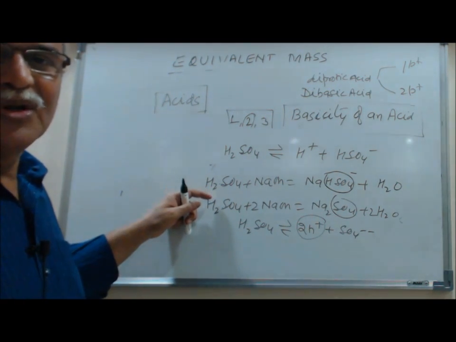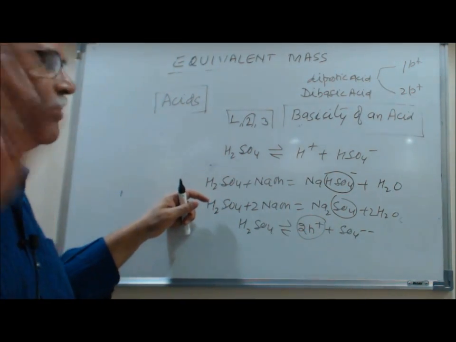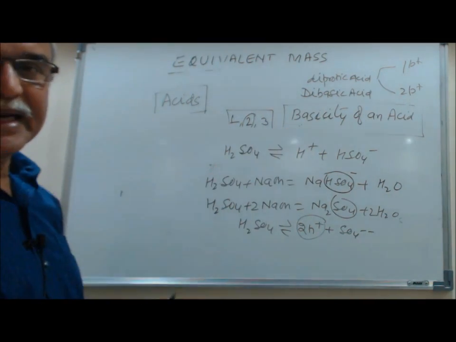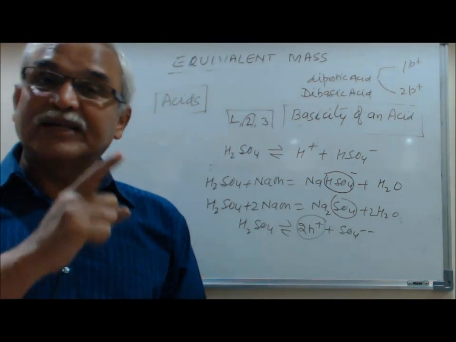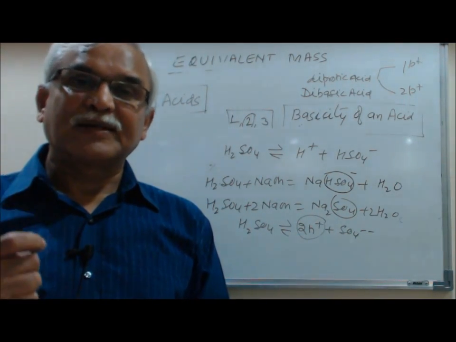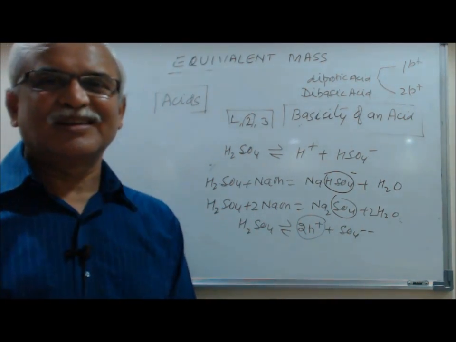They will never ask you what is the equivalent mass of HCl in this reaction. In all reactions it will be molecular mass by 1 because basicity is 1. But in case of sulfuric acid or maybe phosphoric acid, you have to carefully look at the reaction in which you want to involve the concept of equivalent mass. What should you look for in the reaction? How many protons are getting involved?